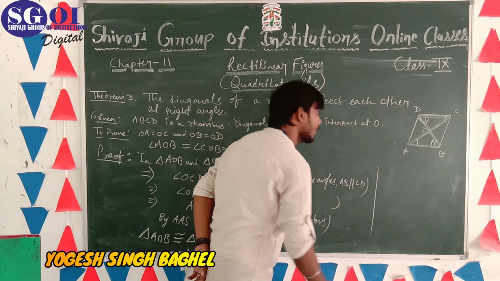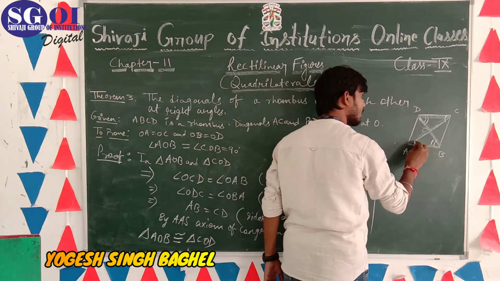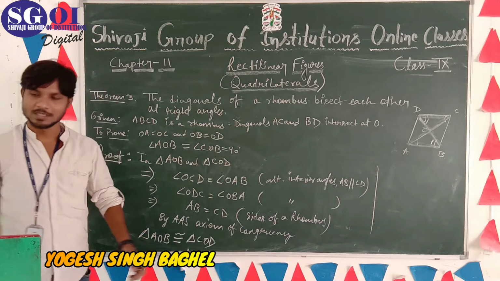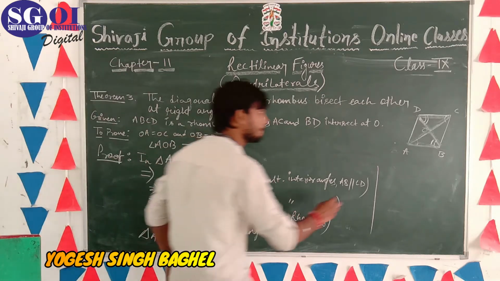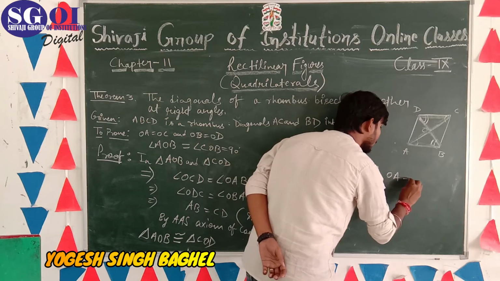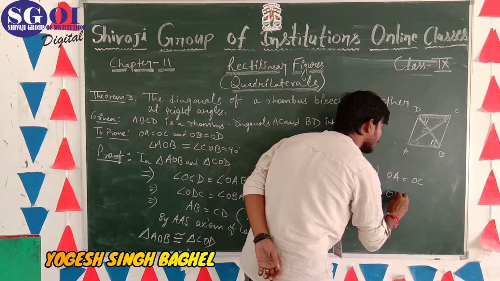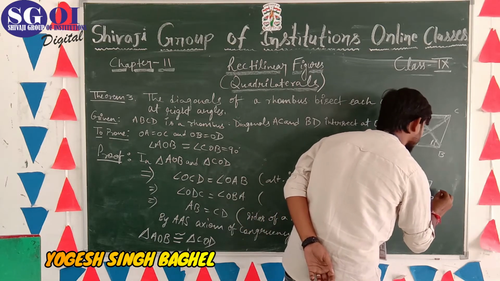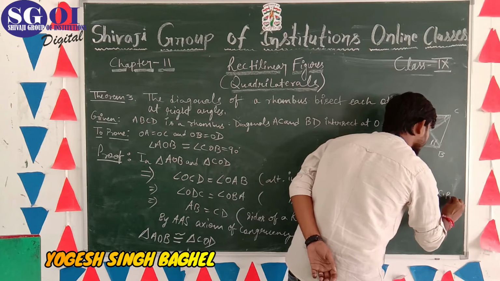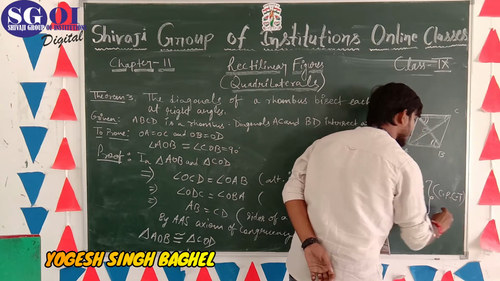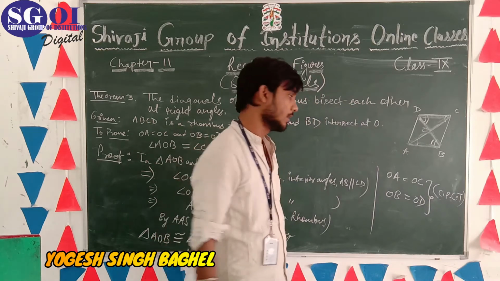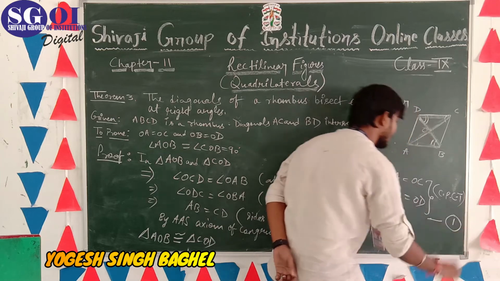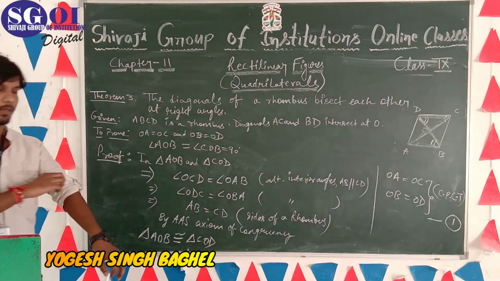Now see, if triangle AOB is congruent to triangle COD, then by simplicity you can say that OA is equal to OC and OB is equal to OD. Clear? By simplicity, corresponding parts of congruent triangles. Simplicity means क्या होता है? Corresponding parts of congruent triangles. इसको इक्वेशन 1 मेंशन कर दीजिए. OA is equal to OC and OB is equal to OD.